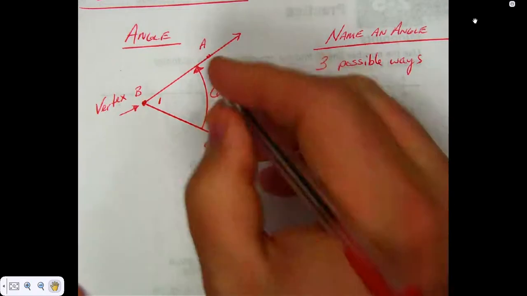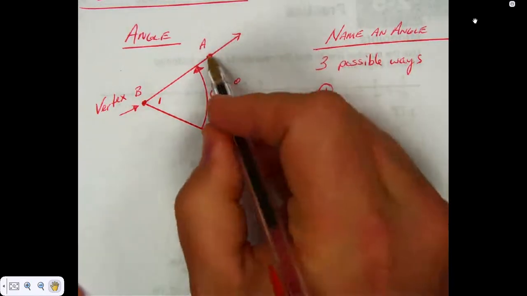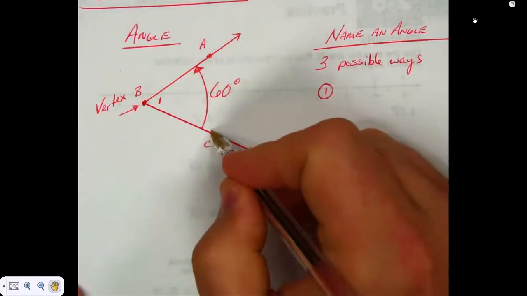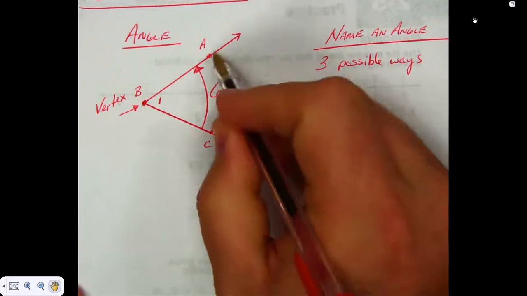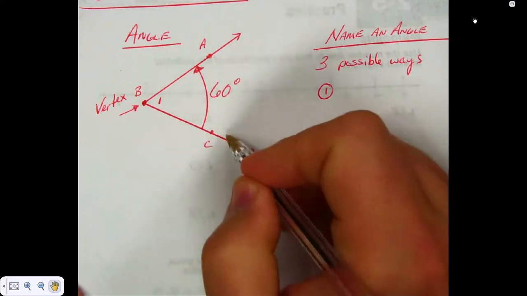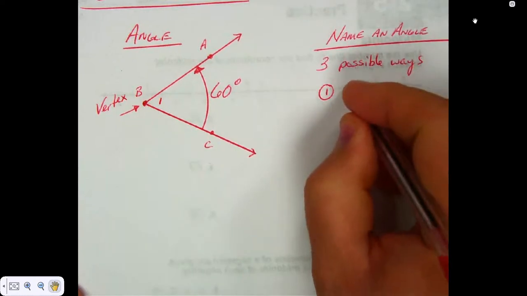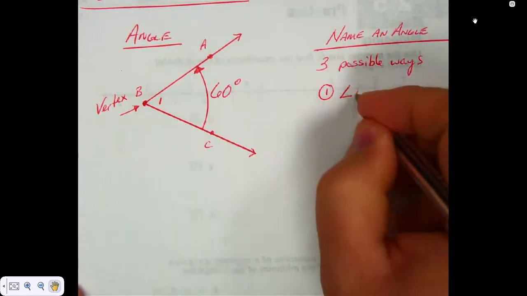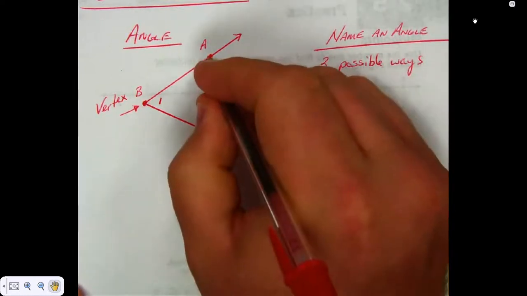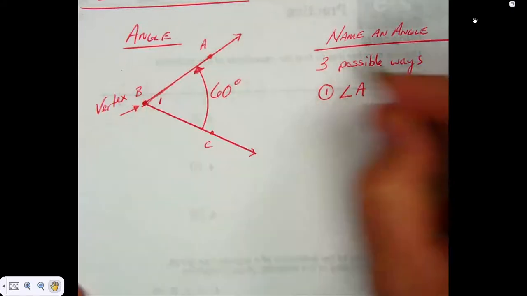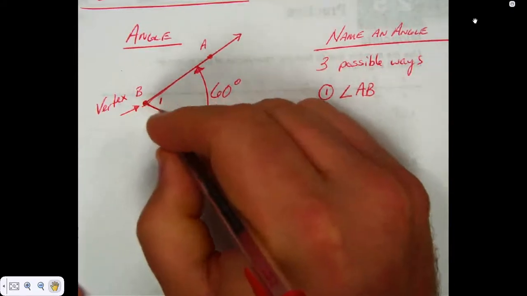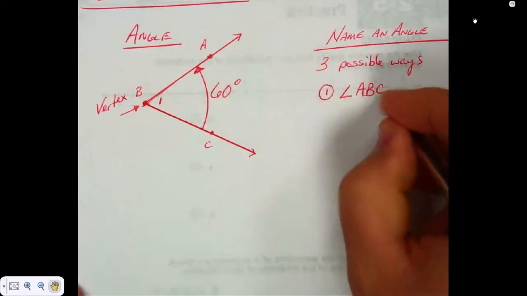First way, I can name it by using points on it, and I name it as I would draw it. If I was to start at A and draw this angle, I would say angle, I would start at what? A. Then where would I go next? B. And then where would I go next? C. You name it as you draw it.